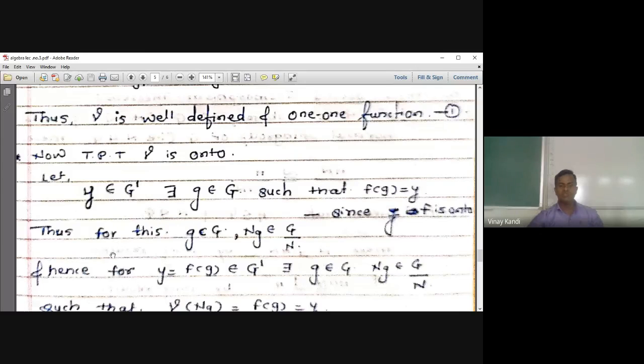Thus, for this g belonging to G, we get Ng, the right coset.